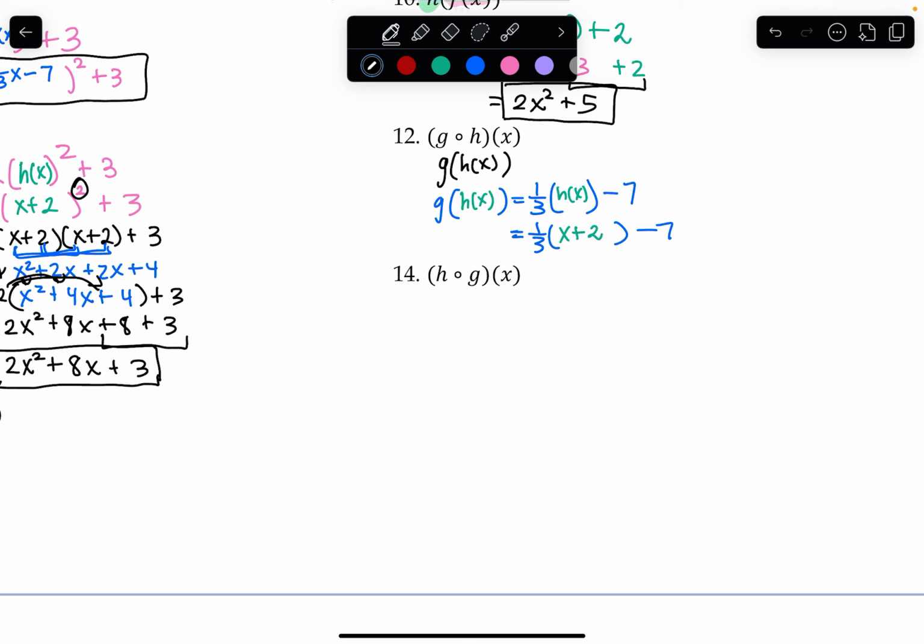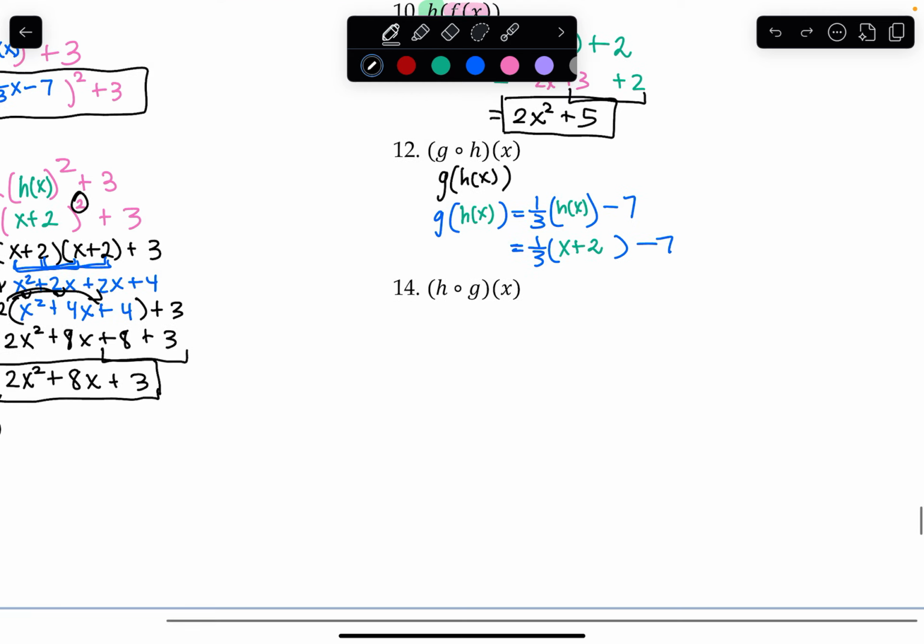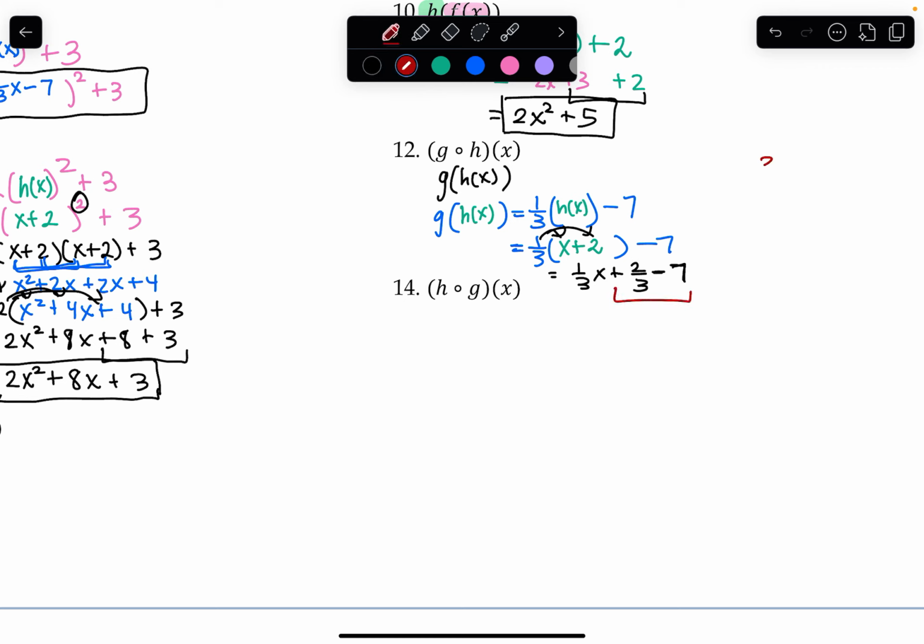And so to simplify this, there's no exponent here, so we're ready to go ahead and distribute the 1/3, which would be 1/3 x plus 2/3, and then we're going to subtract 7. And so to combine our like terms here, 2/3 minus 7, you have to get a common denominator.